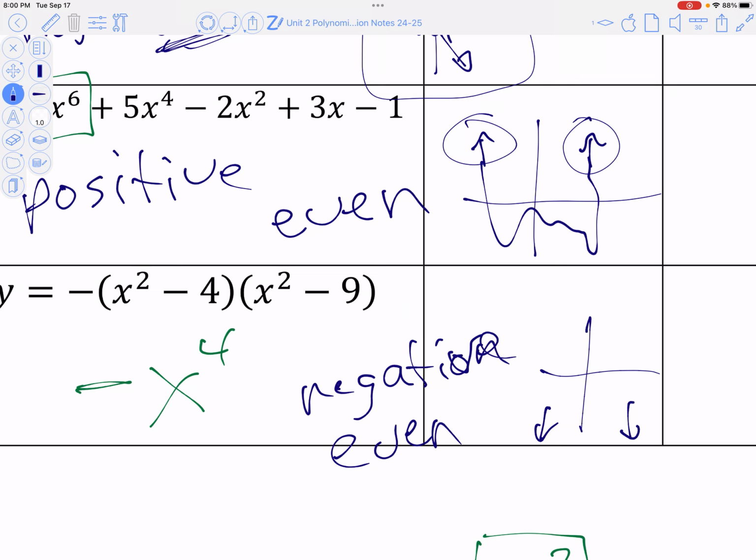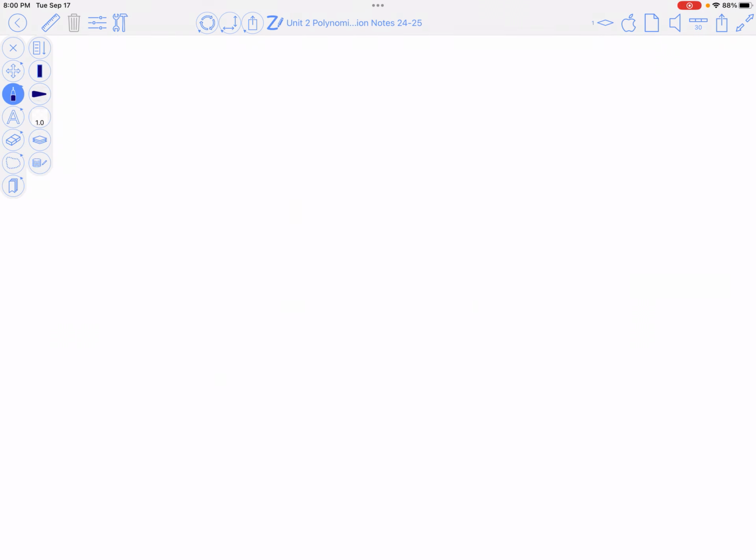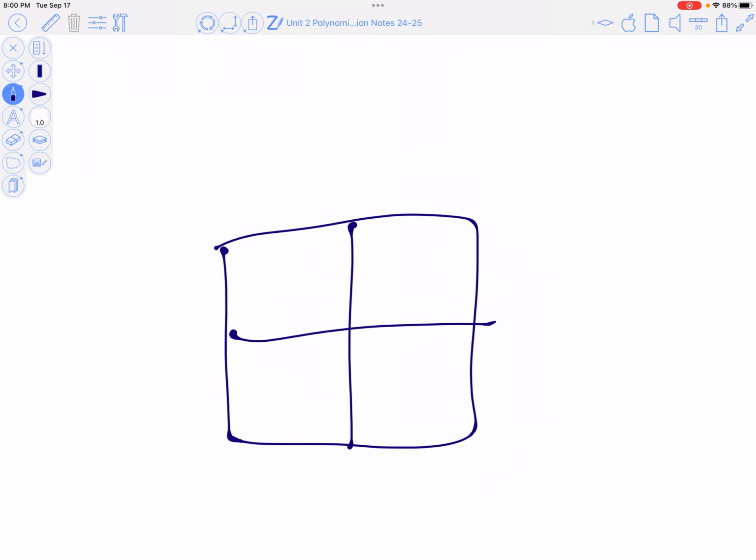Once you've mastered finding that, before you start the test, just draw this little thing to remind you: a times x to the n, where a is the leading coefficient and n represents the degree. If n is odd, the ends go in different directions.